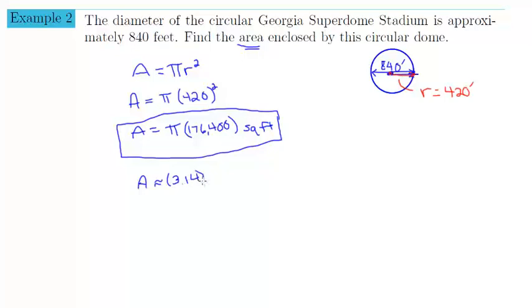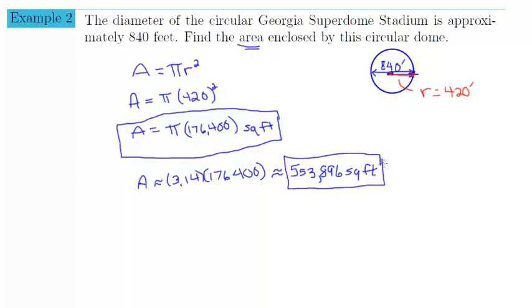So if you take 3.14 times 176,400, you get that the area of that stadium is approximately, and again, I did this ahead of time, 553,896 square feet. Perfect. That answers our question. We box it, and we're done.